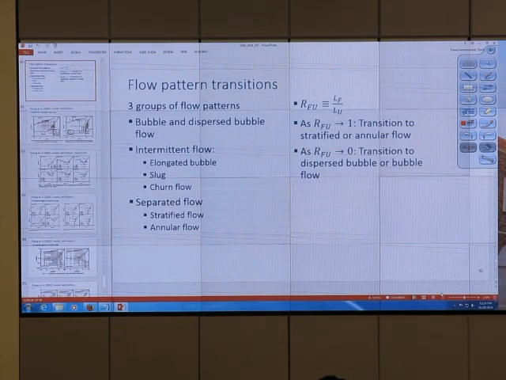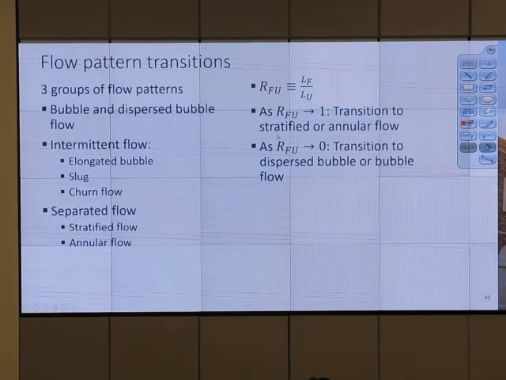Oh, the transition. So if we set RFU equal to 1, this means there's only film, but no slug body. Then we get the transition to stratified or annular flow. So stratified and annular flow, they are combined, right?